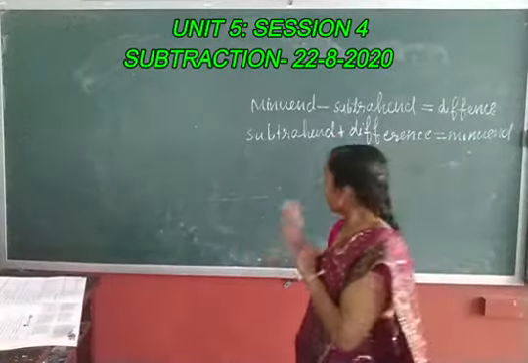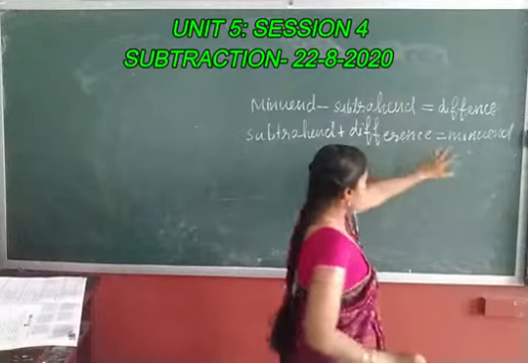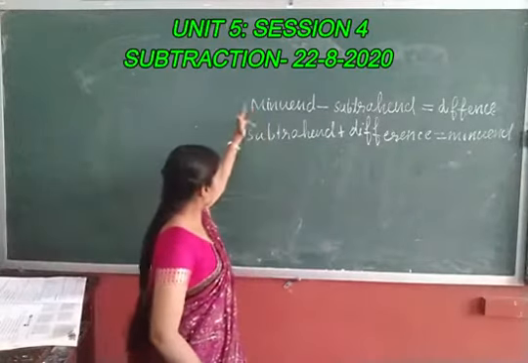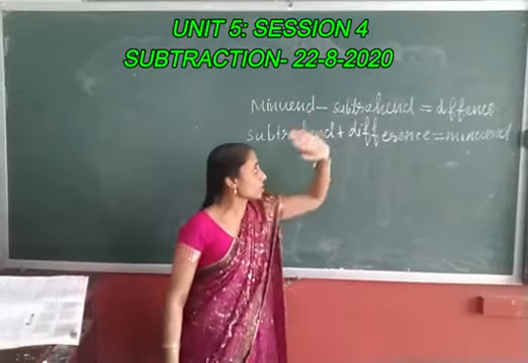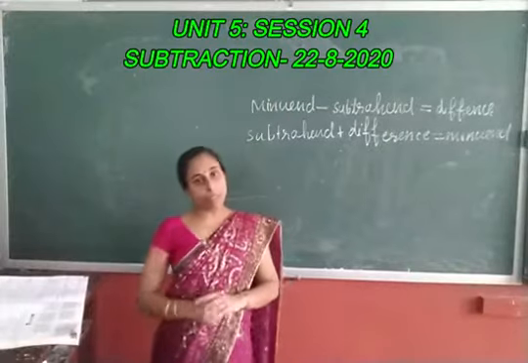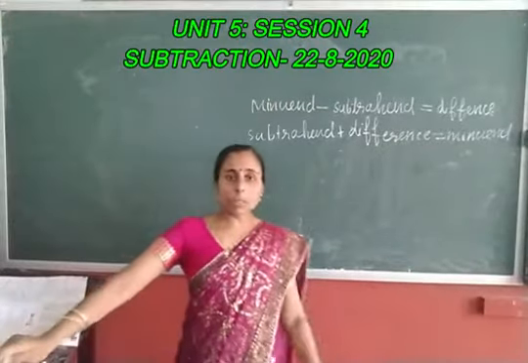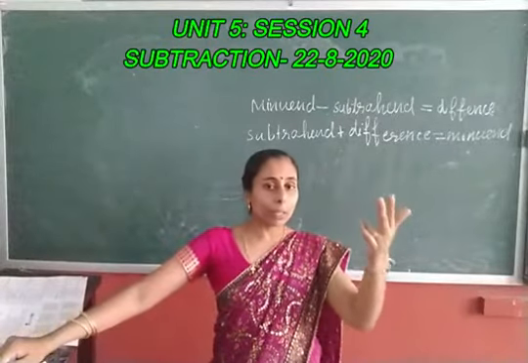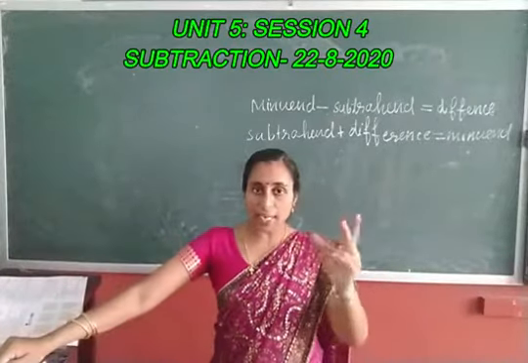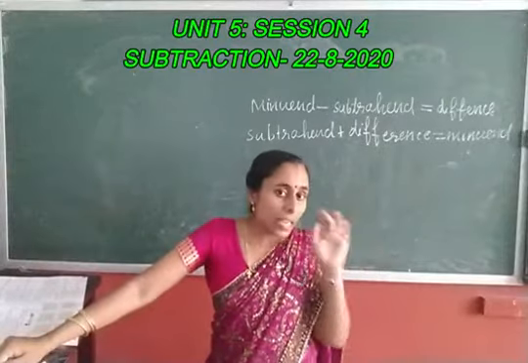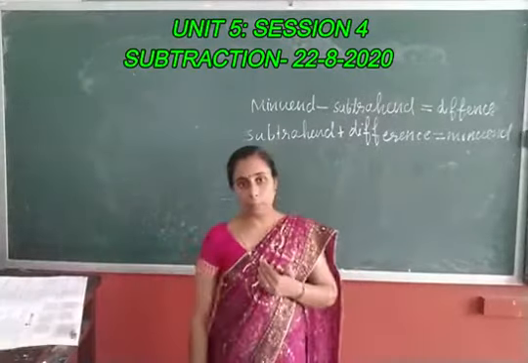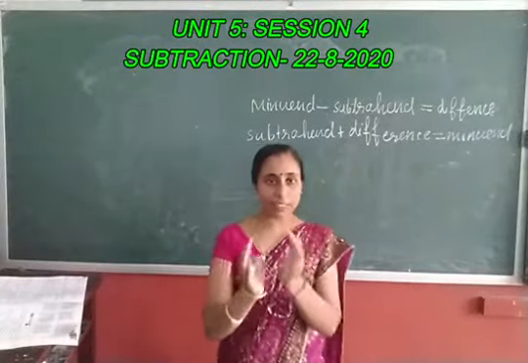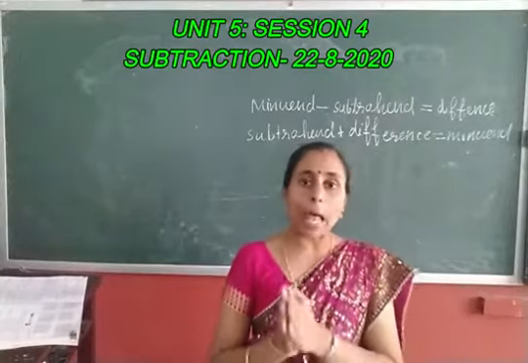In addition, smaller number plus difference is equal to minuend, and in subtraction, bigger number minus smaller number is equal to difference. Then there is one important thing. In addition, we can change the order of the addends.